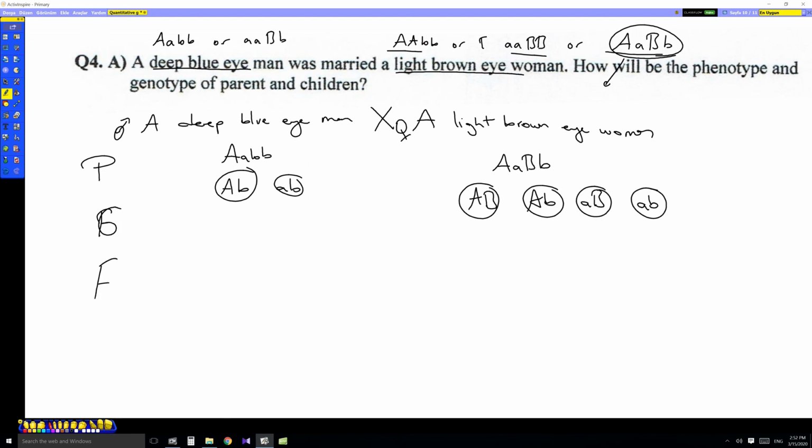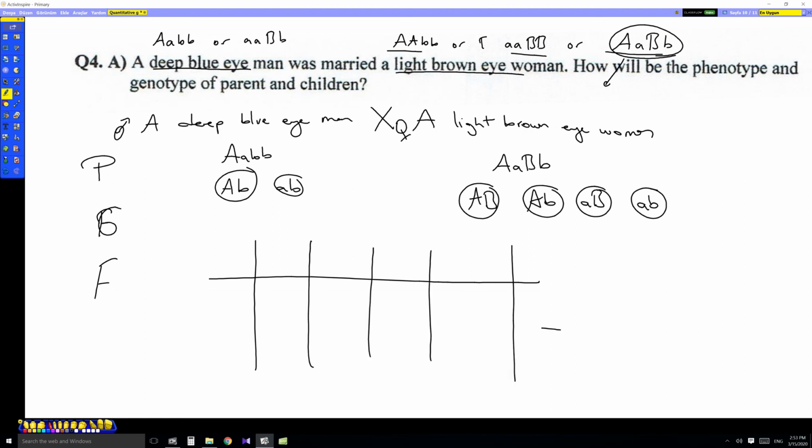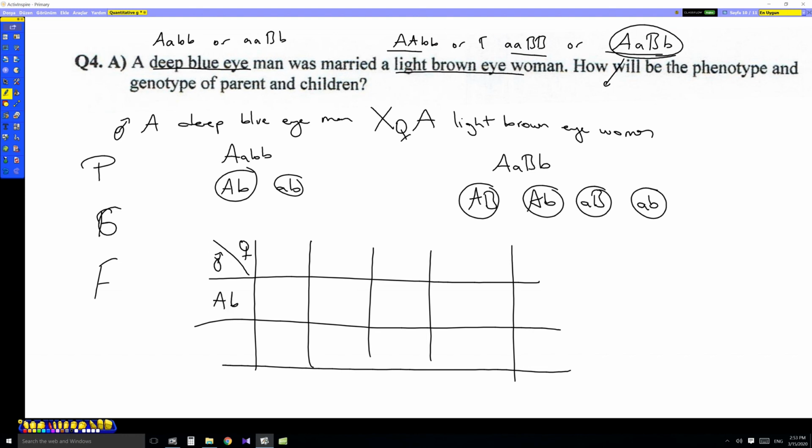So for the F generation, it is better to draw the Punnett box. So female gametes and male gametes: A capital, B small, A small, B small, A capital, B capital, A small, B capital, and so on.